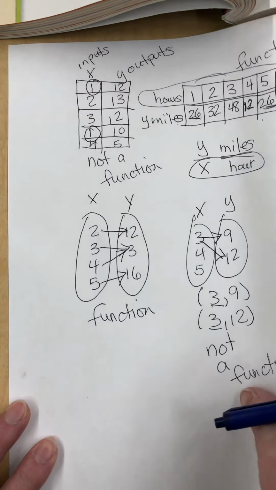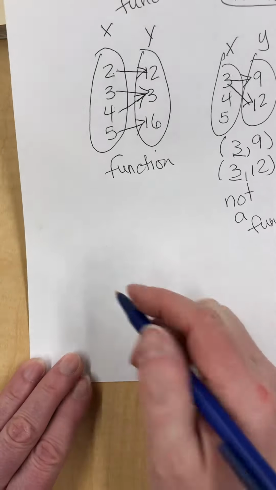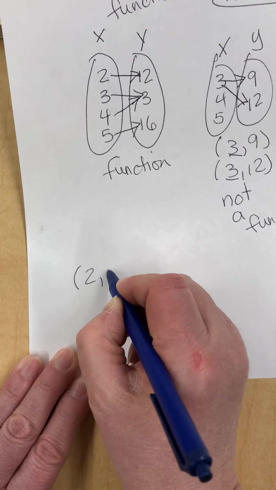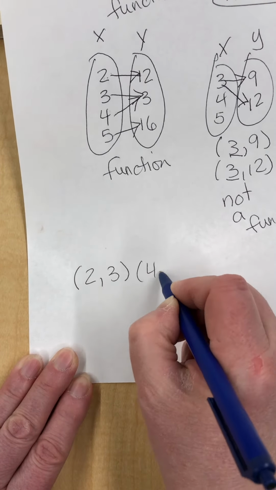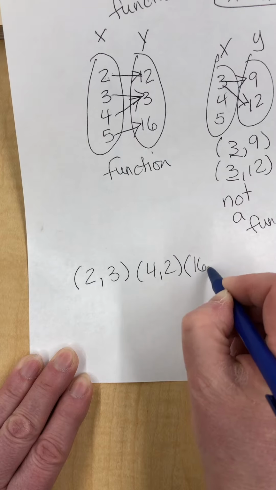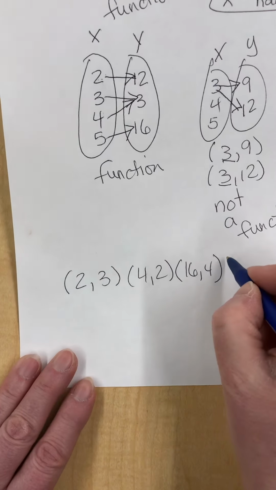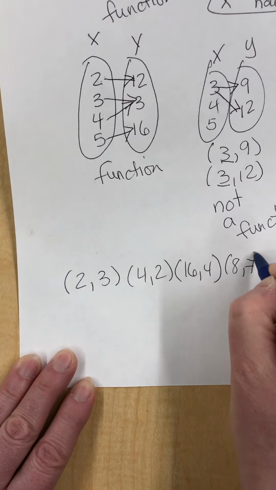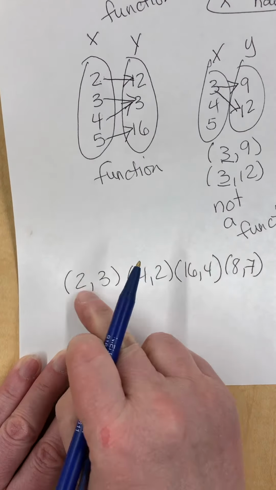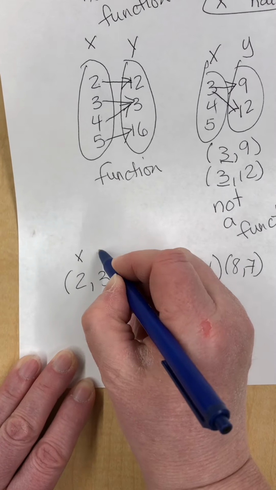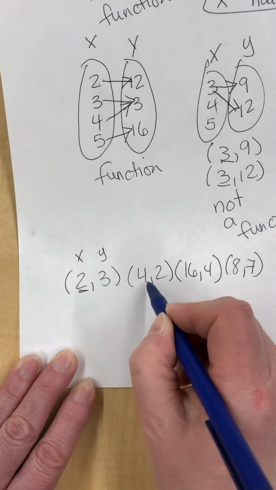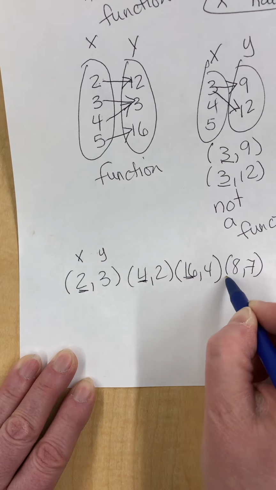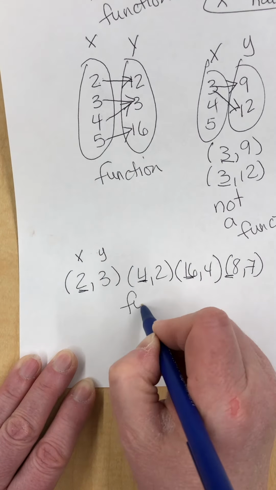Okay, another way that you could have it are ordered pairs like I just did. So let's say we give you a list of ordered pairs. I'm looking at, remember that the x is on the left, think alphabetical order, x, y. So I'm looking at all the left ones. Do any repeat? No, this is a function.